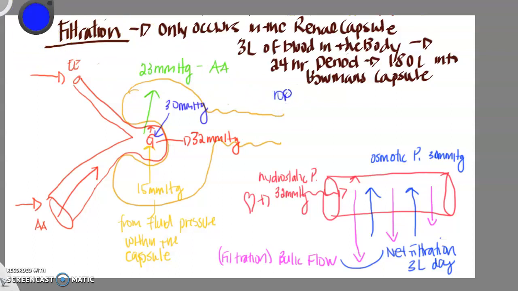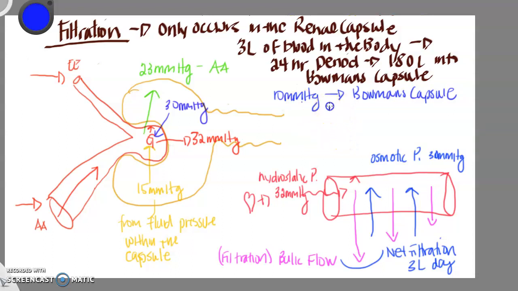So 10 millimeters of mercury of stuff that's going into Bowman's capsule. And that is the filtration. So that 10 millimeters of mercury, that amount going in there, is the net filtration.